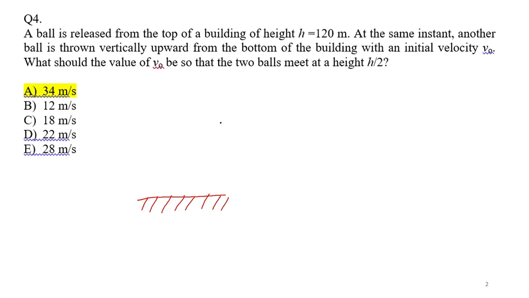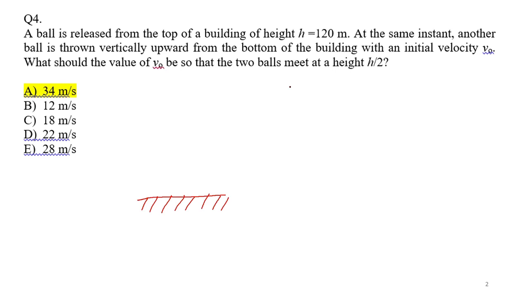You can solve a physics problem without drawing, but always draw a problem. If it's a more complex problem, we call it modeling a problem. How do you see the problem? Then you will not waste time. So here I have two balls.